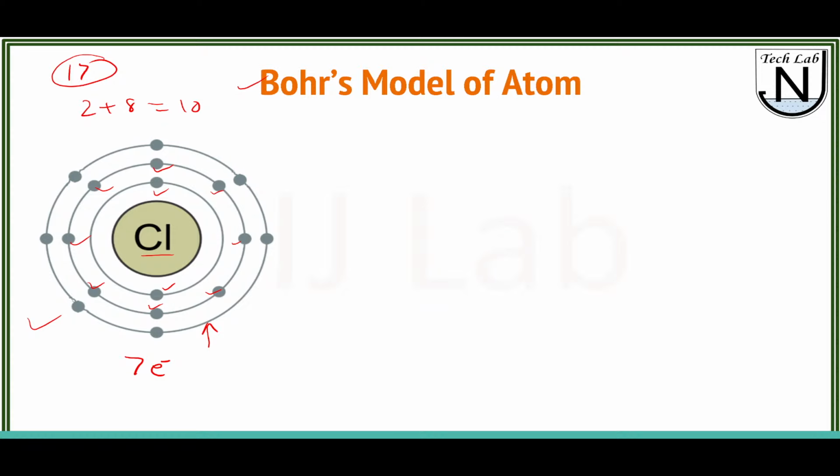Now if we talk about the energy, if we just draw a diagram between the energy level and the shell, right? If we talk about the first shell, or the innermost shell, these electrons are tightly bound to the nucleus, so they cannot move, and if they cannot move, it means they are stable, they have very, very low energy, right?